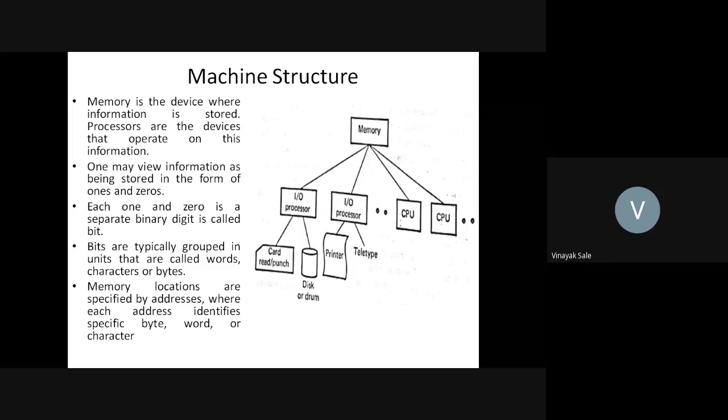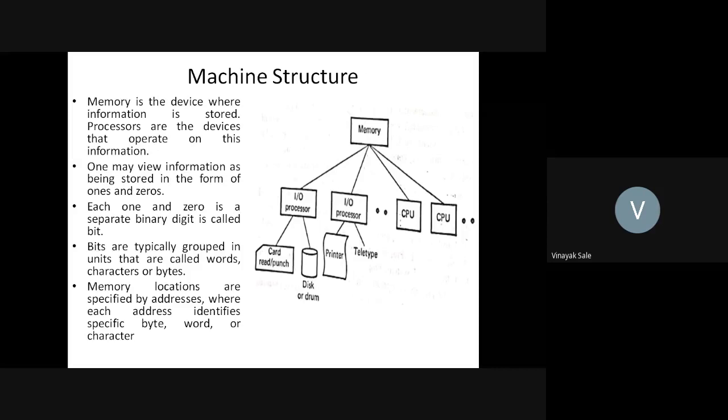One may view information as being stored in the form of 0 and 1. So all the information in the memory is stored in binary format. Each 1 and 0 is called a binary digit, a bit, and bits are typically grouped in units called words, characters, or bytes.